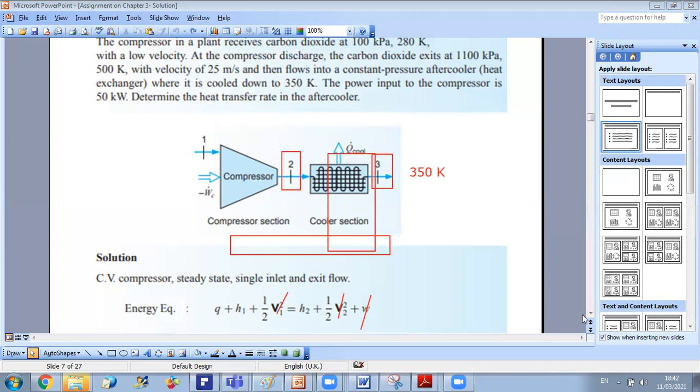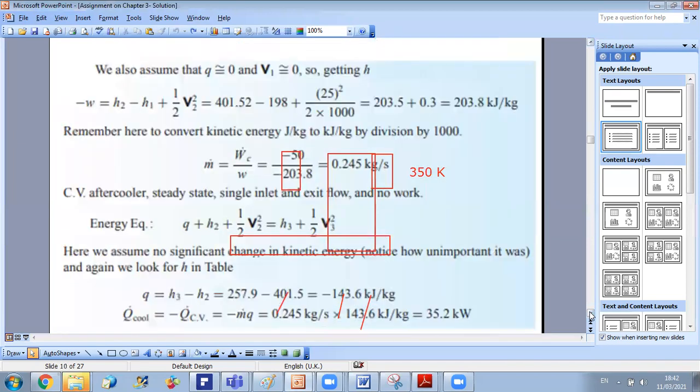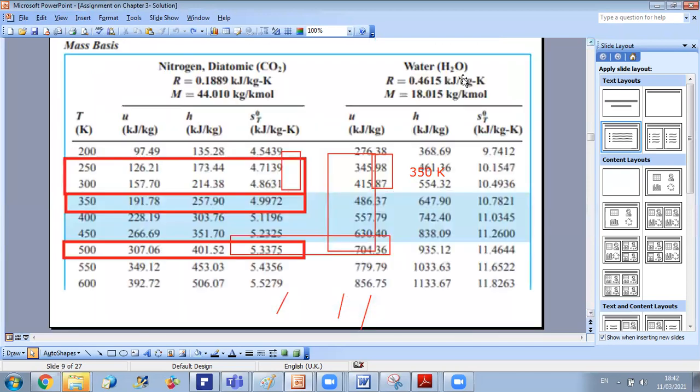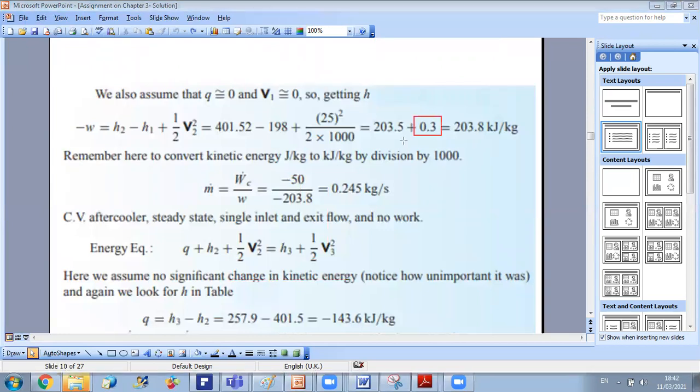Now, going back to the application of the equation, I want to show you how velocity is not making any significant change. If you observe the energy equation for the compressor, the term half v squared is 0.3, compared to 200.5 for H2 minus H1. This is why in general we neglect velocity variation, because it affects your final value by less than 0.15%.